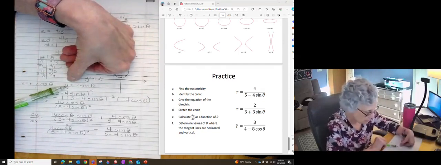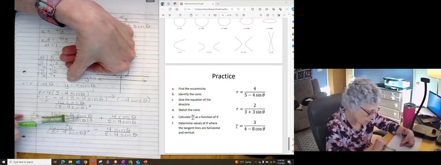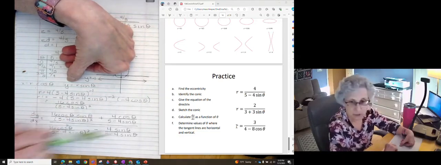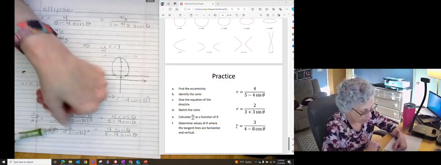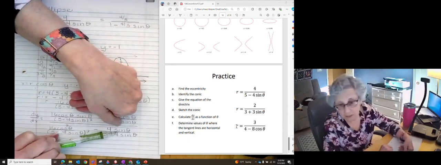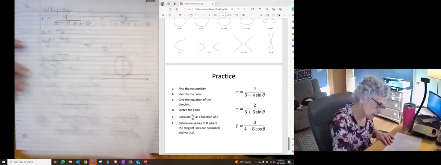For dx d theta on top, I have r primed times sine plus r times the derivative of sine, and then I had r primed times cosine minus r times sine, because negative sine is the derivative of cosine.